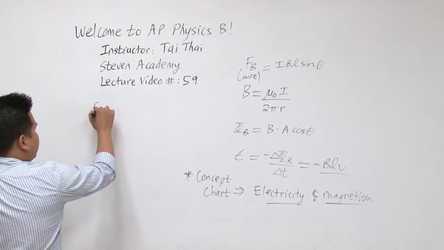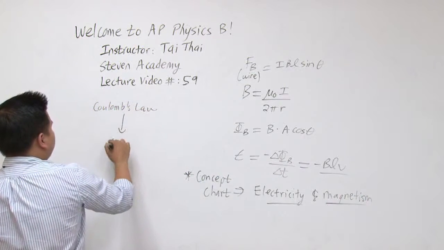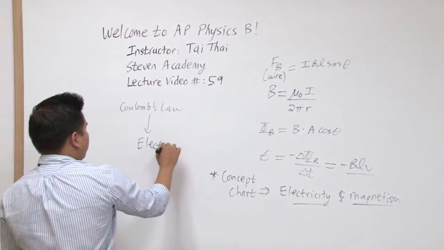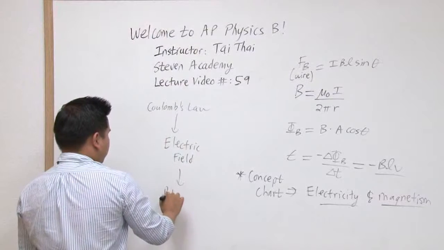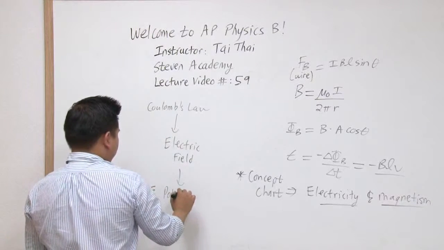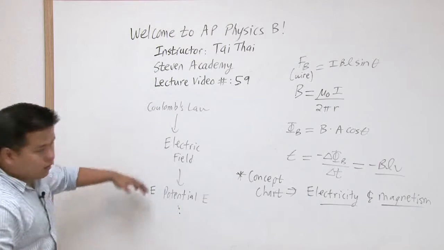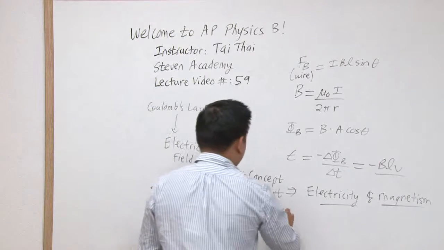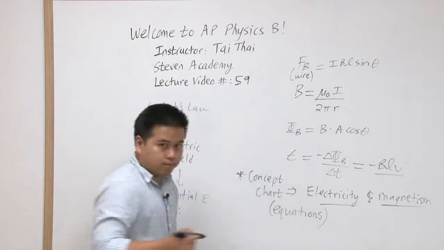Like you go with Coulomb's law, then you can connect it to electric field, and so on, okay? And how is electric field connected to the potential, electrical potential energy, and so on? Okay, do that. And then give me the equations along with it, okay? So that's what you should do for homework for me.